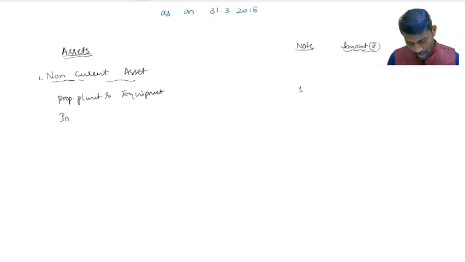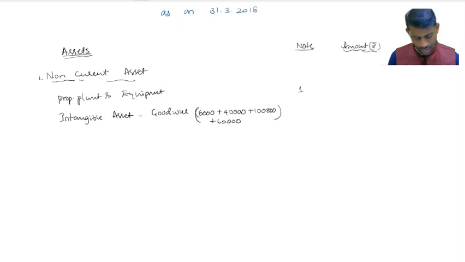Then intangible assets, goodwill. Goodwill how much? 60,000 plus 40,000 plus 1,08,000 plus 60,000 plus 60,000.